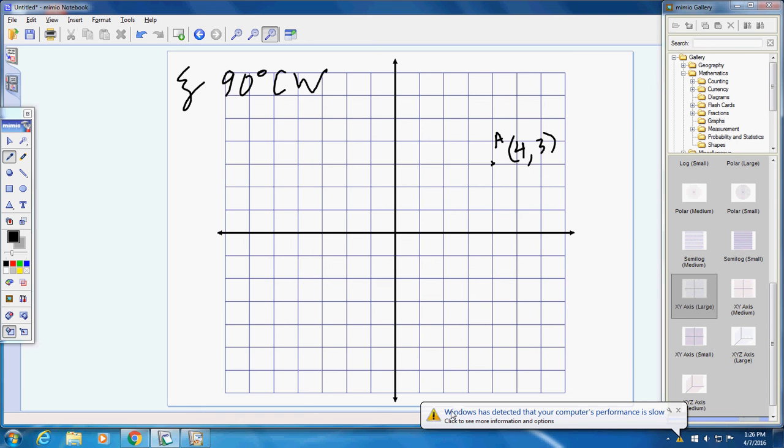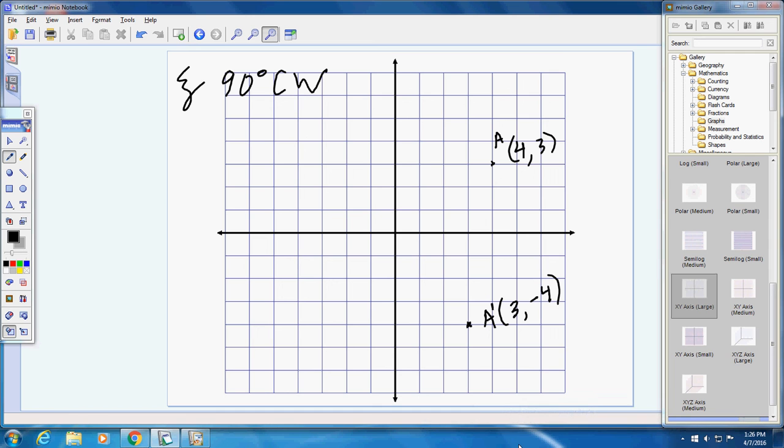And you can pull that point off and it happens to be 3, -4, doesn't it? That's where your point ends up. So this is my A prime. That's 3, -4, when I turn that page 90 degrees clockwise.